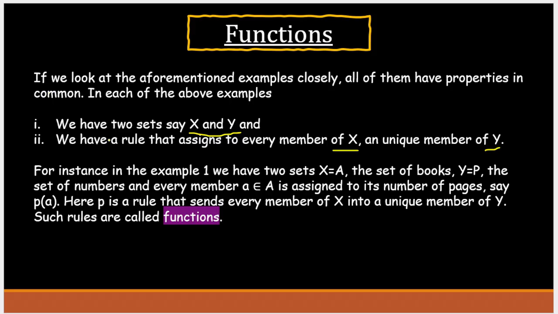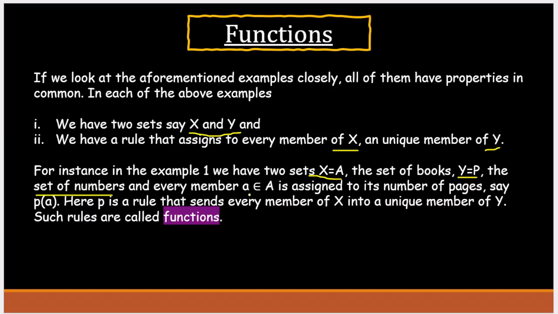For instance, in example 1, we have two sets, X is equal to A, the set of books, and Y is equal to P. Here A is the set of books and P is the set of numbers assigned to each book, which represents the number of pages in the book.